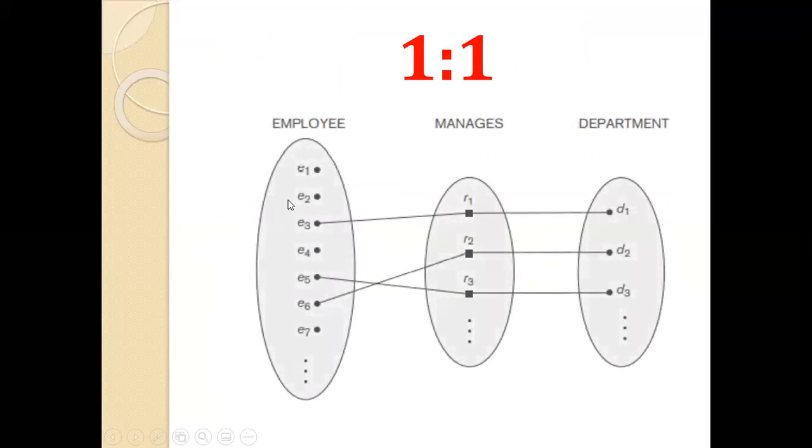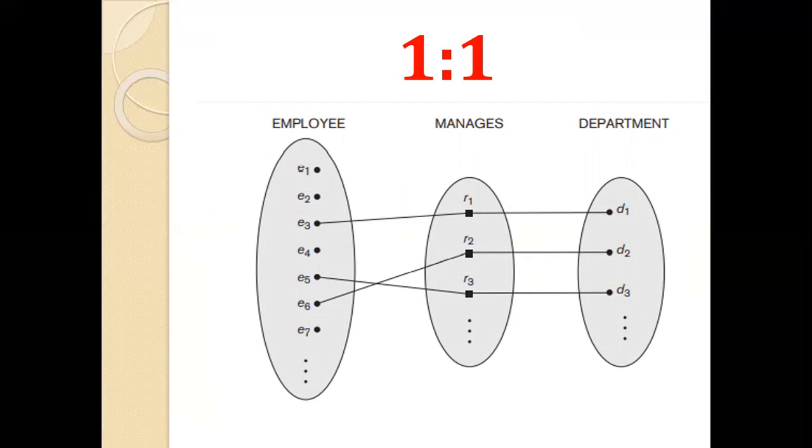1:1 means only one employee can manage one department. We cannot have more than one employee as manager of a particular department, and at the same time a department cannot have more than one manager, or more than one employee cannot manage a single department.